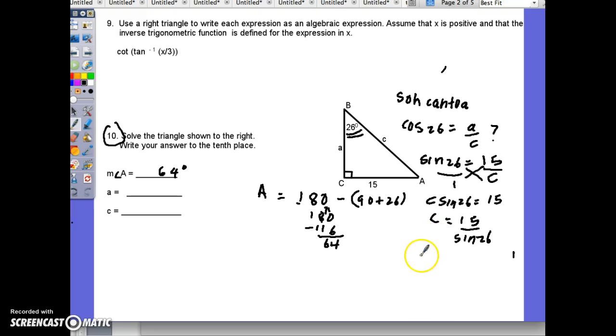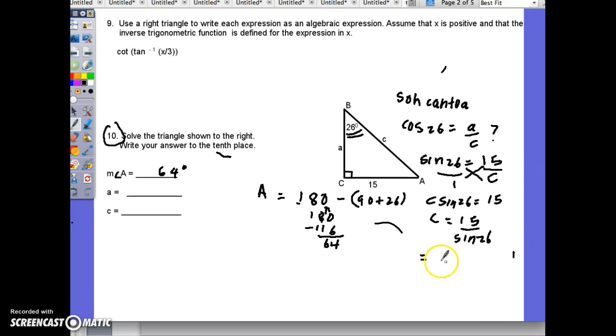And so in our calculators, we're working this out to the 10th place. I forgot to mention that. I'm going to get my calculator here. I put in 15 divided by 26 sine equals, and I got 34.2.